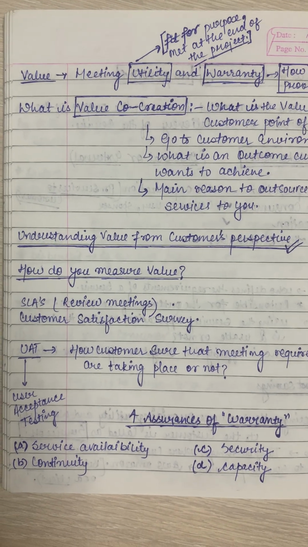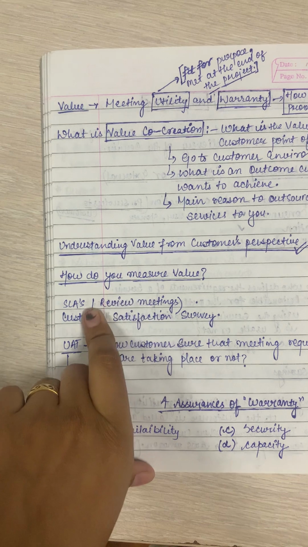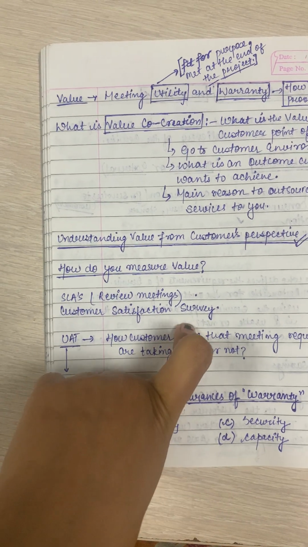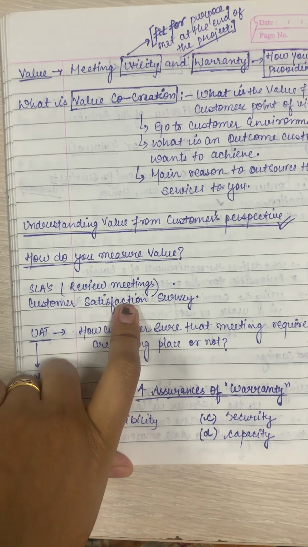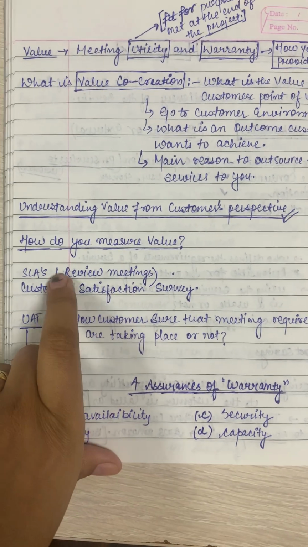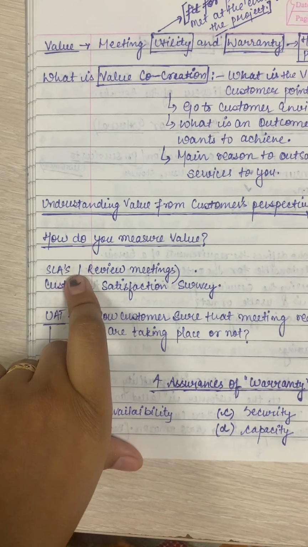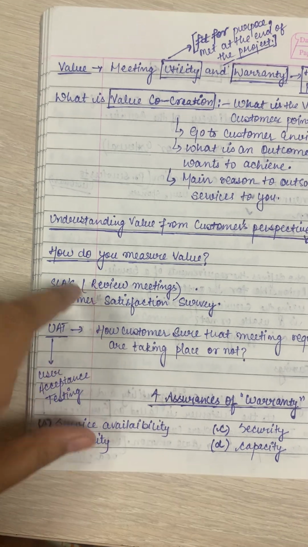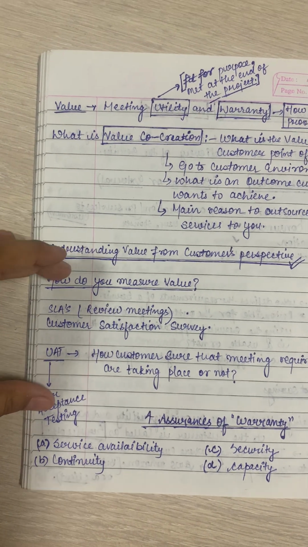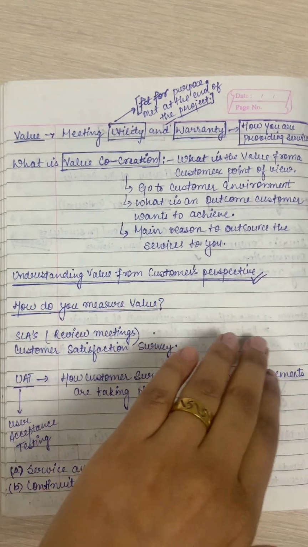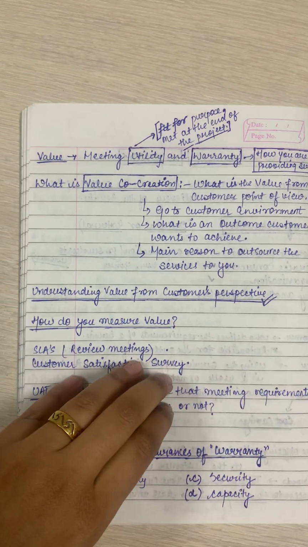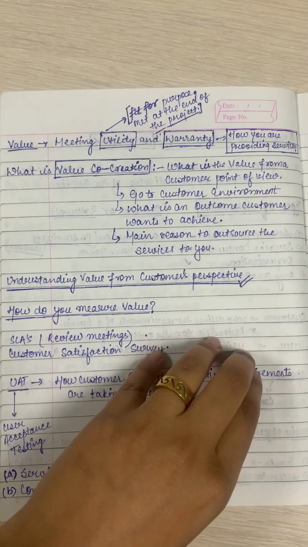How do you measure value? Definitely from SLAs and customer satisfaction surveys. We'll be discussing this later, but in very layman language, SLAs are nothing but a target to be achieved, or meeting the deadline, or meeting what is actually mentioned in the contract.